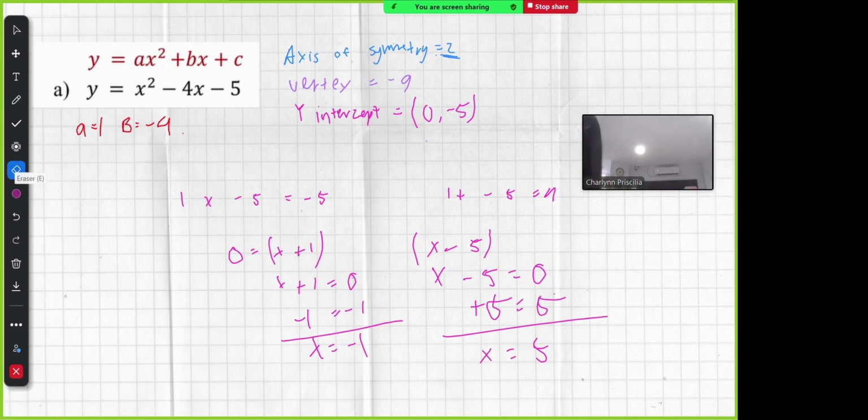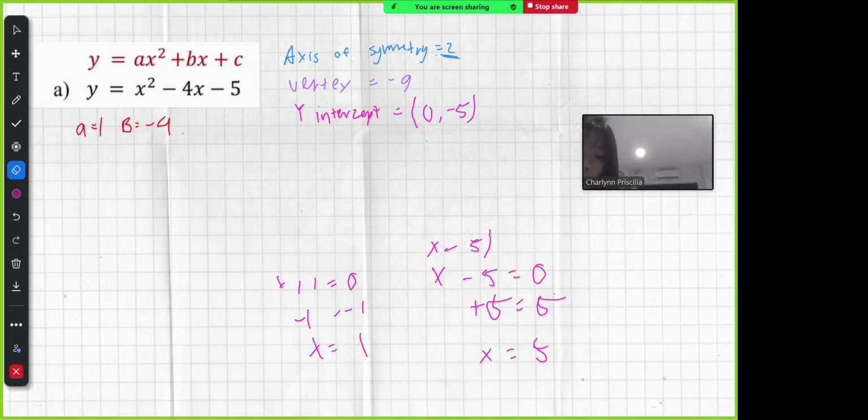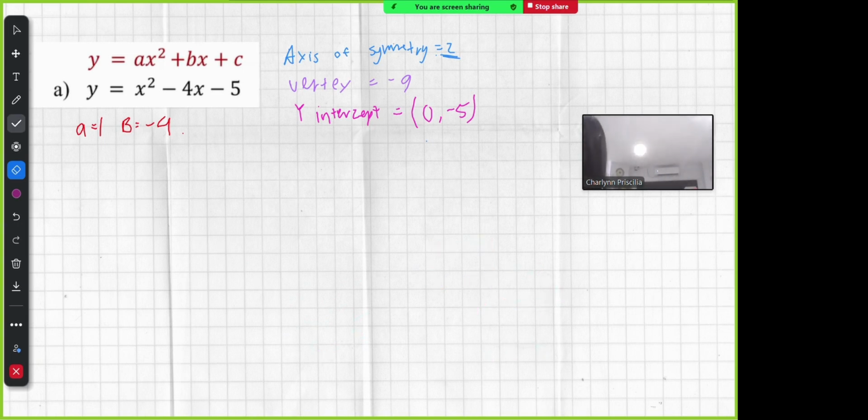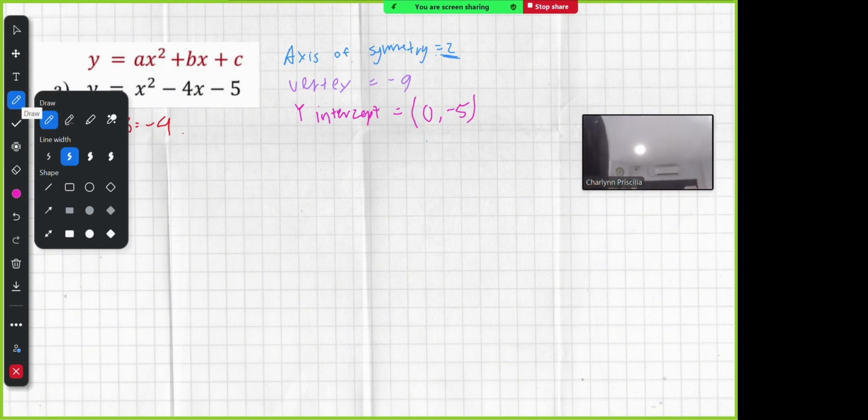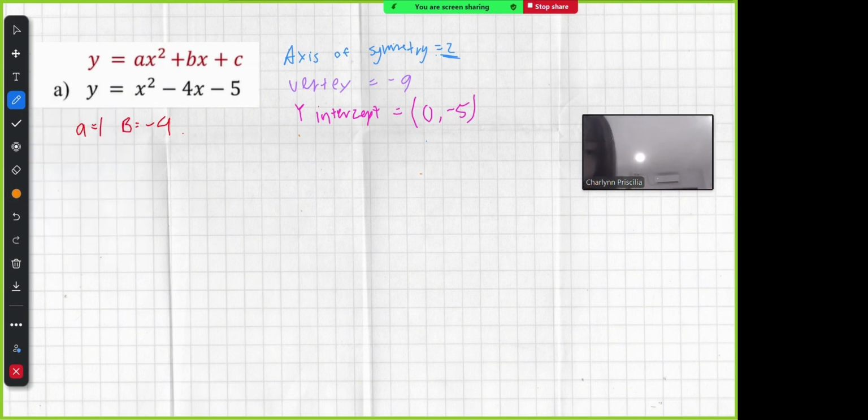There we will get our x-intercepts, and to write them, we will write x on the left side because it's the x-intercept. Okay, we will write with another color: x-intercept.